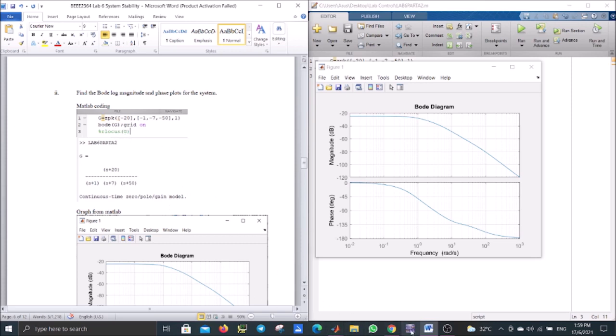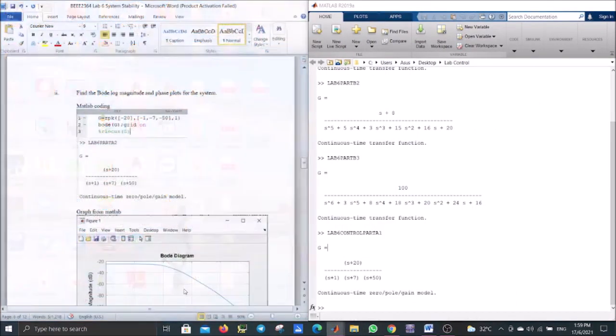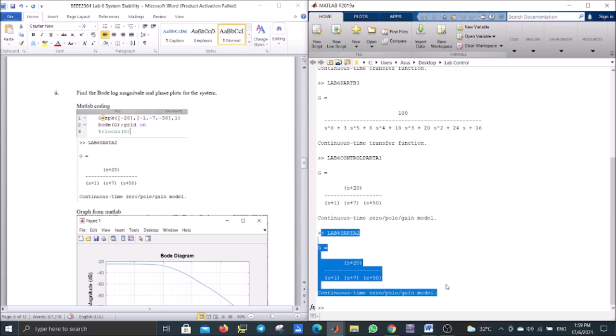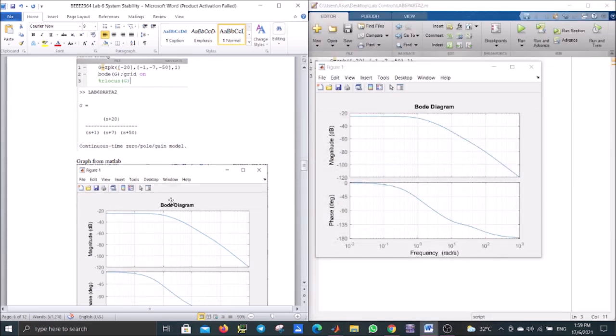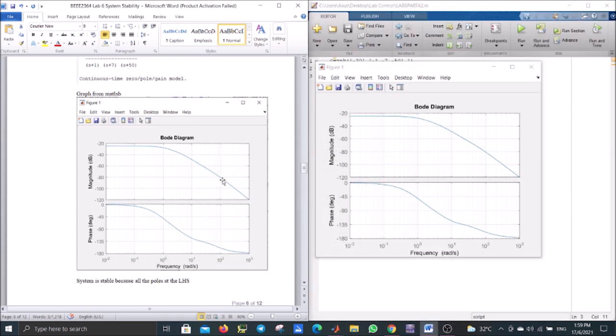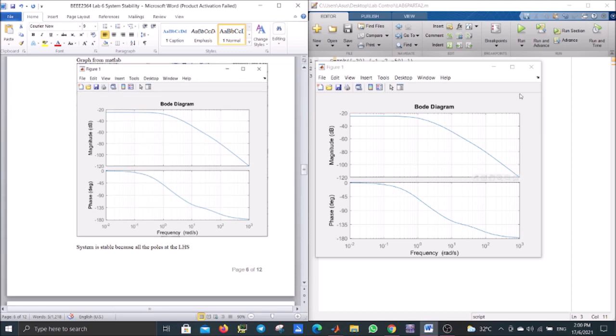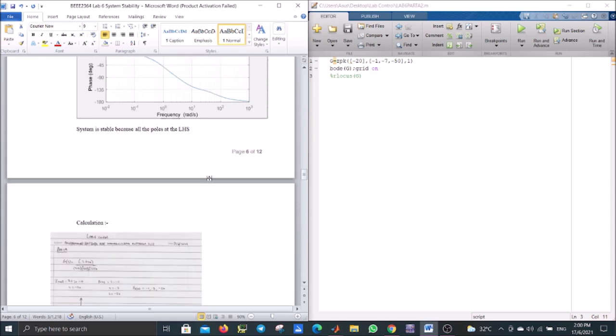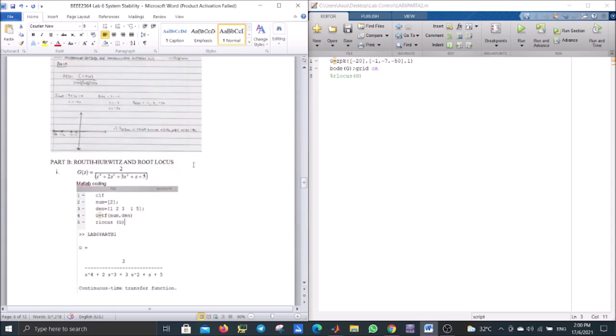Let me show you the command. This is part A2. As you can see, I have pasted the output in the lab report, and this is the graph that I have gained. So this is for part A.